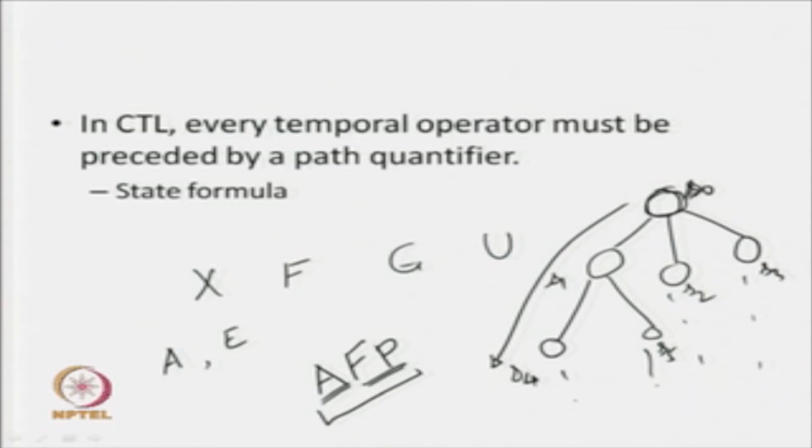If we take S0, say this is my model M, we ask whether model M in state S0 models A F P or not. So, CTL formulas are state formulas. Which one is a CTL formula? If every temporal operator is preceded by a path quantifier, then we say that this is a CTL formula.